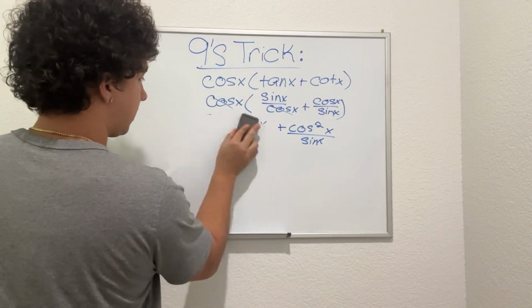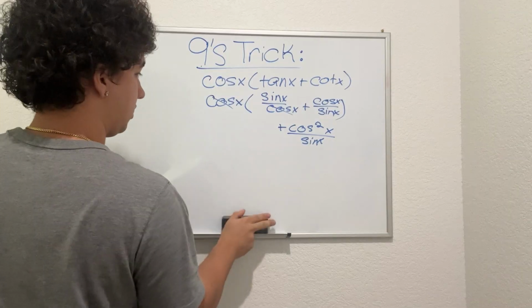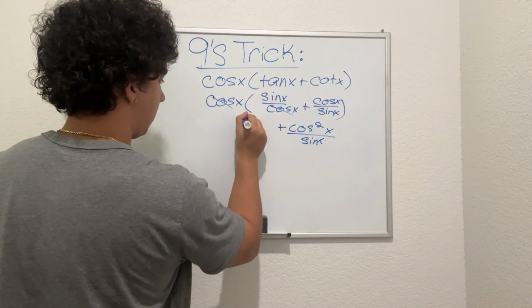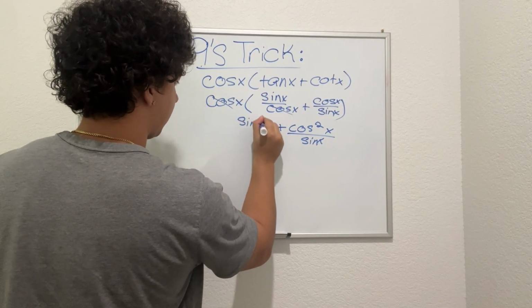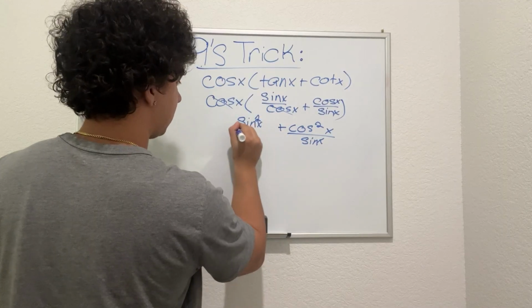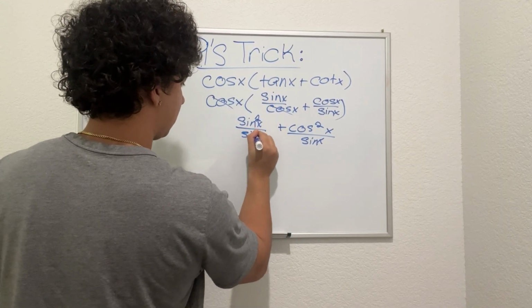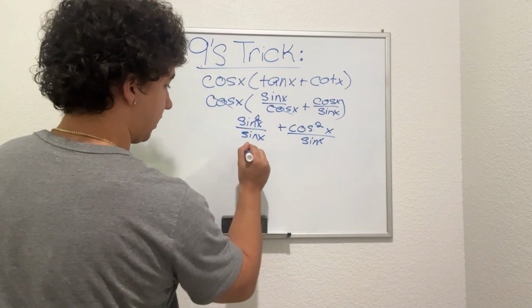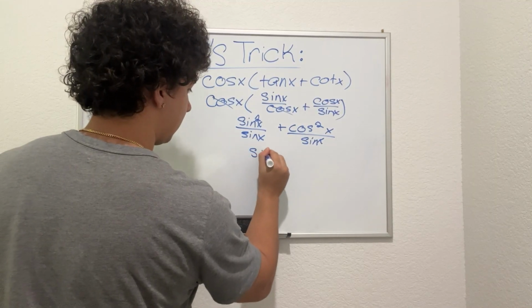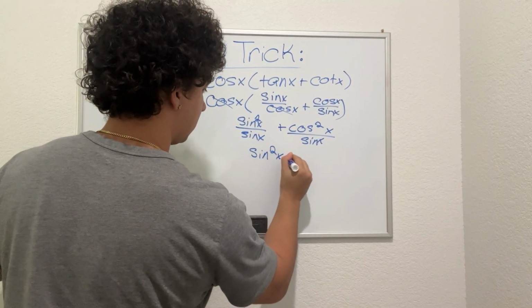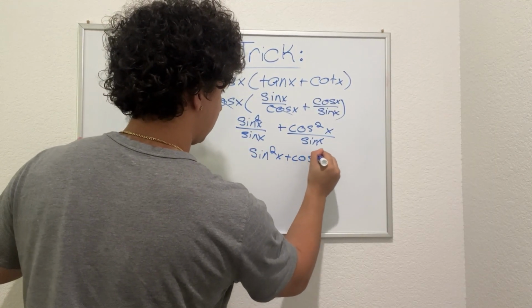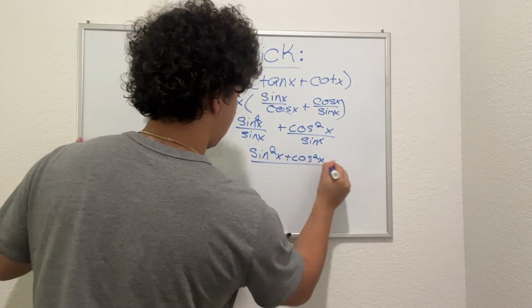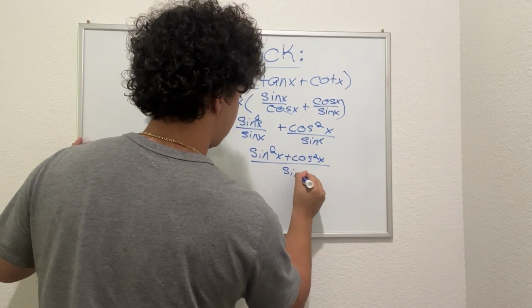That's going to turn this into sine squared x over sine x. Then this is going to combine together now. I can add this together as sine squared x plus cosine squared x all over sine x.